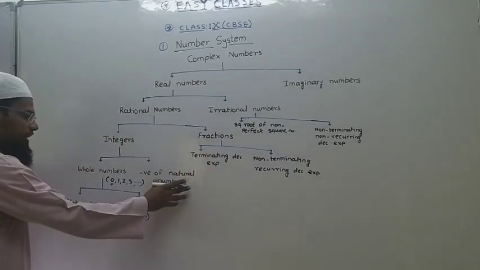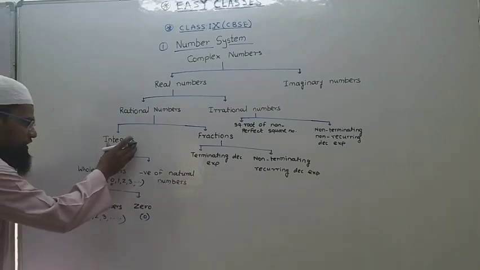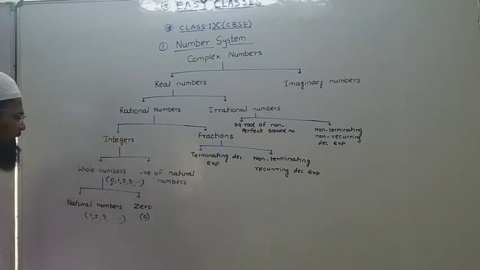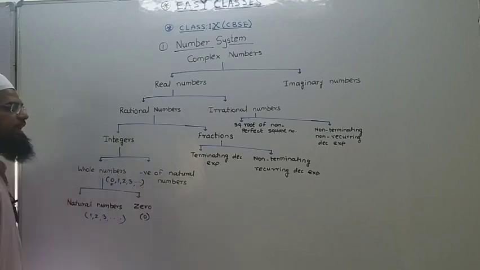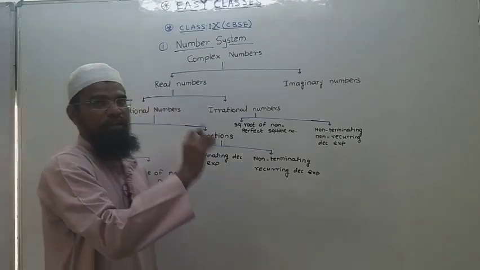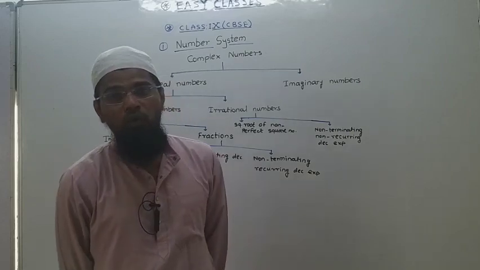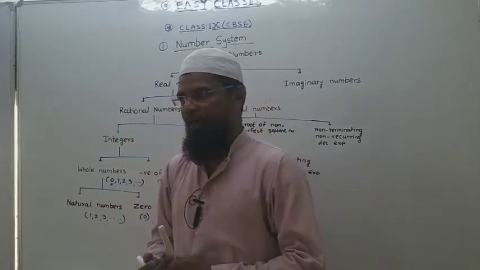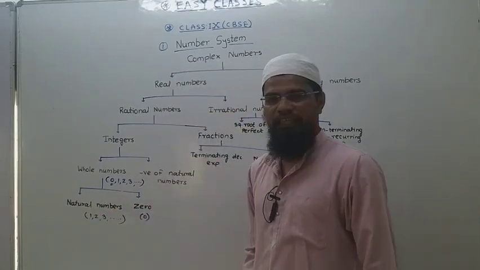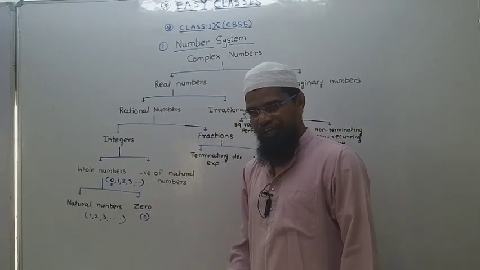Now we concentrate here on integers, which have two types: whole numbers and negatives of natural numbers. Now please concentrate. What are negatives of natural numbers? We know the natural numbers are 1, 2, 3.